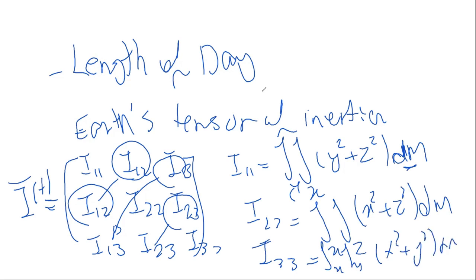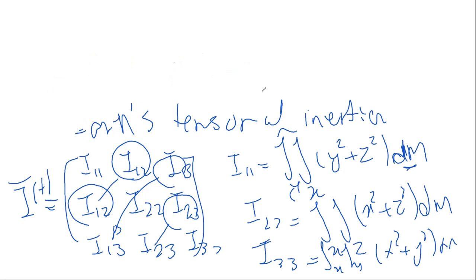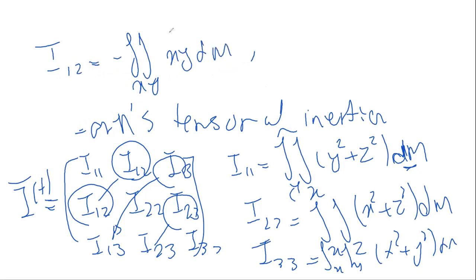And the other elements of the tensor of inertia are: I12 is minus the integral of x y dm, I13 is minus the integral of x z dm, and I23 is minus the integral of y z dm.